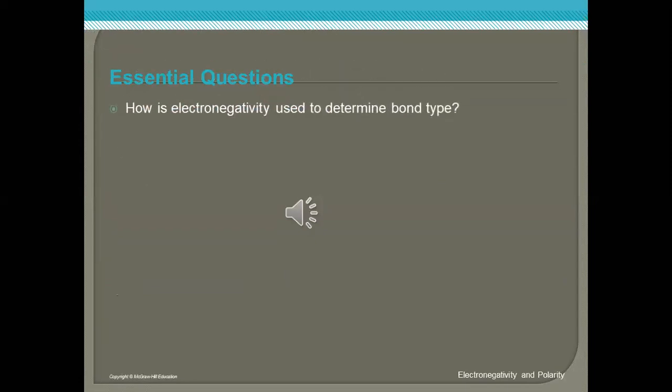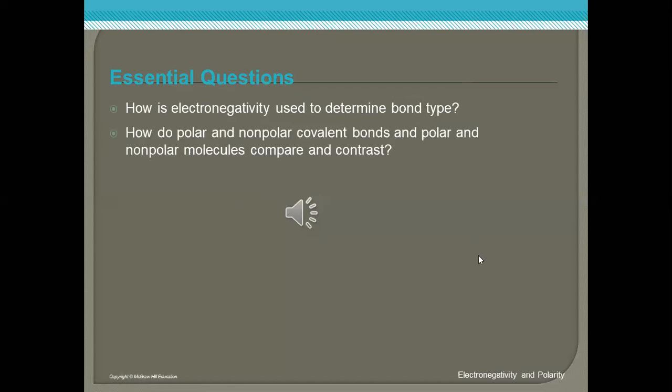After that, the essential questions that you are going to study. Listen, please. Essential question: How is electronegativity used to determine bond type? How do polar and nonpolar covalent bonds and polar and nonpolar molecules compare and contrast? What are the characteristics of covalently bonded compounds?